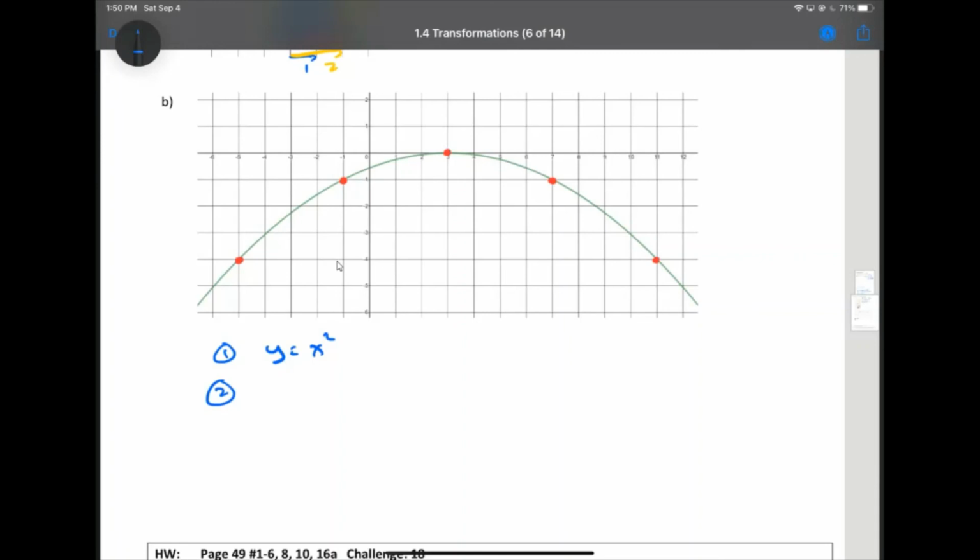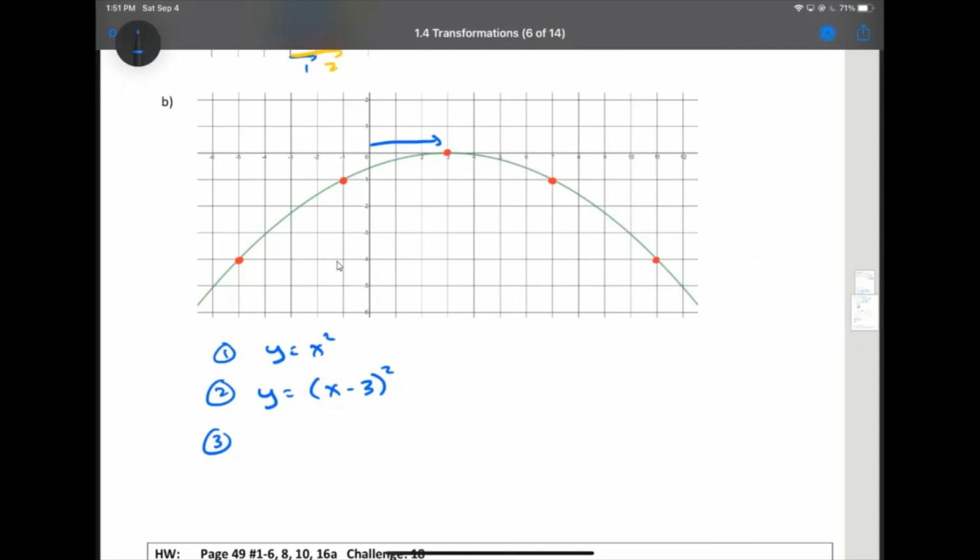However, it does go 3 to the right, so that's going to transform into y equals x minus 3 squared, because again our d value is the opposite sign it should be. Okay, so that takes care of that. Again, for polynomials, we don't have to worry about differentiating a and k. We'll just treat it as the same thing, call it a. We have to figure out what that a value is, however.